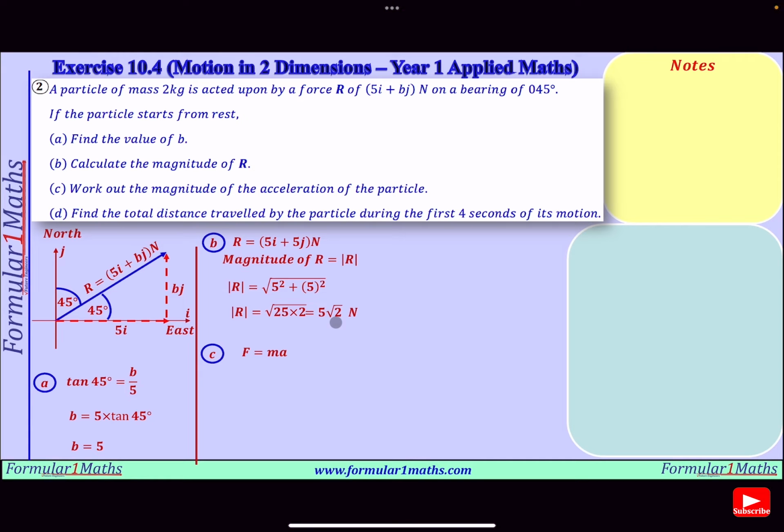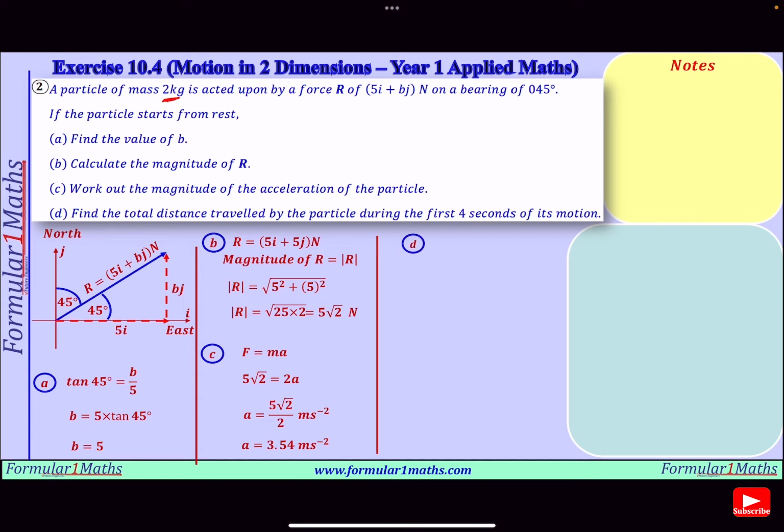We also know the mass, which is 2 kilograms. So we can do a simple substitution: 5 root 2 is equal to 2a. Rearrange to solve for a, and you get a is equal to 5 root 2 over 2 meters per second squared. And that will reduce to 3.54 meters per second squared.